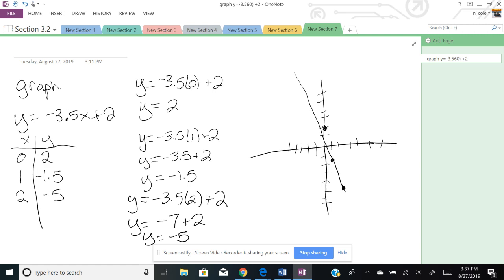And you'll see that they all line up on a line. And you're going to hope that you are a better drawer than I am, and thank goodness Math Excel is a better drawer. Email me if you have any questions, ask me in class, and that is the end of section 3.2.